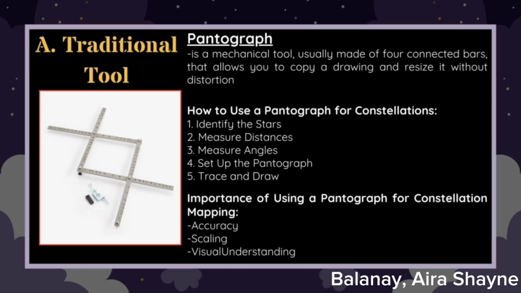The last one is to trace and draw. Use the pantograph to trace the positions and angles of the stars. The pantograph will scale the drawings according to your settings. The tracing arm moves in such a way that a pencil on the other side of the pantograph draws a scaled version of the constellation.